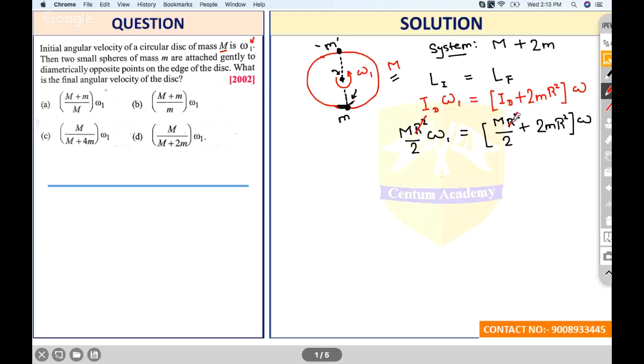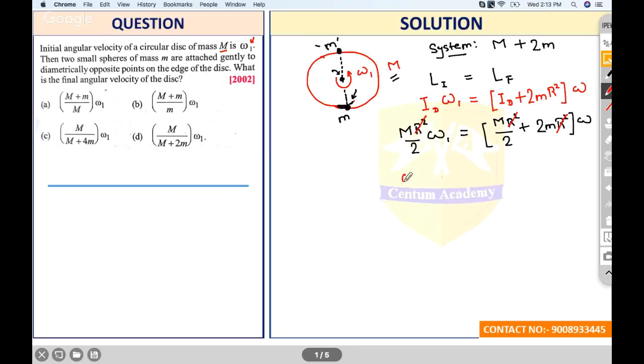The radius square is getting cancelled from everywhere. At times you want some data but it is not given in the question. Then you just assume it to be something, for example here I have assumed it to be r. If the r value is needed, automatically the expression will come out in terms of r. If it is not needed, r will get cancelled out, like what is happening here.